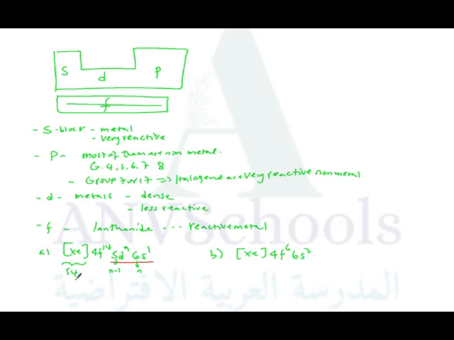This element is found in the D block, it is platinum. If you refer to the periodic table, adding 54 plus 14 plus 1 plus 9 gives you the atomic number of platinum. Platinum is a less reactive metal, because it is a transition metal, so less reactive.